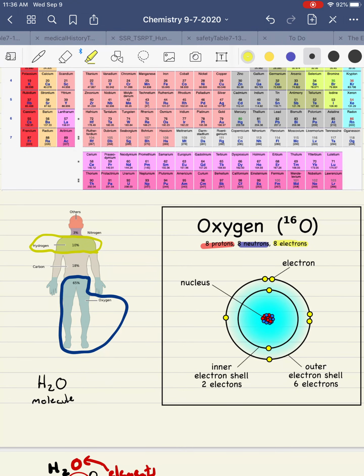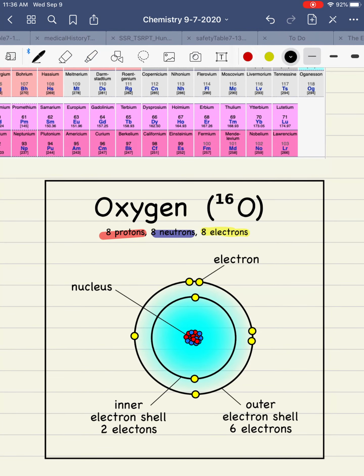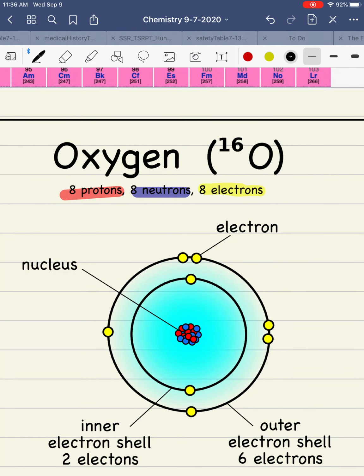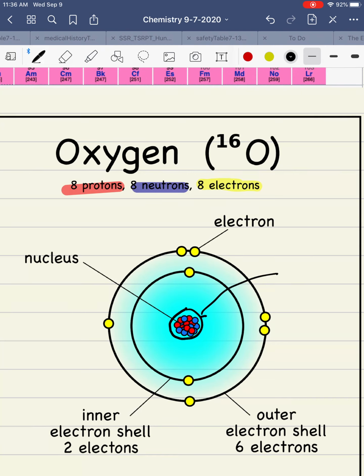Where do you think most of the mass is made up? Well, it turns out the majority of the mass of oxygen, or any atom, is in the nucleus, right over here.